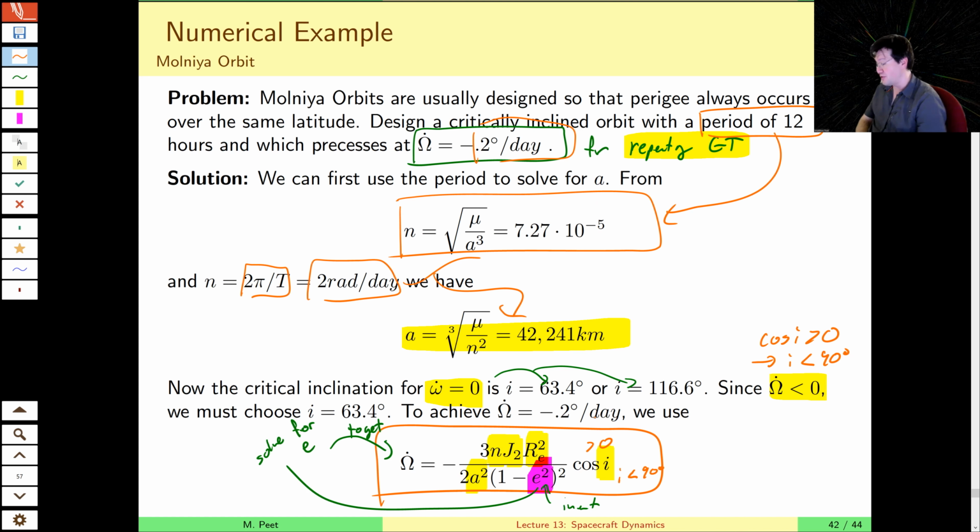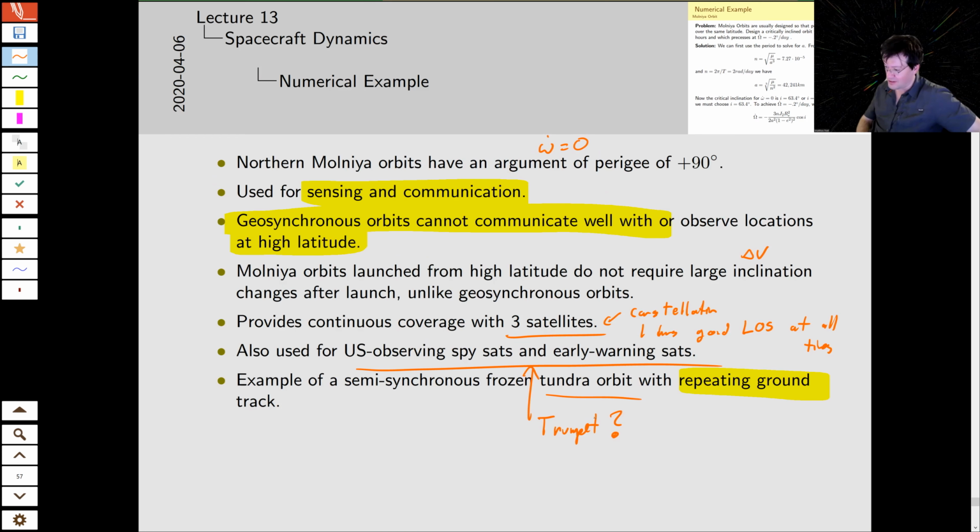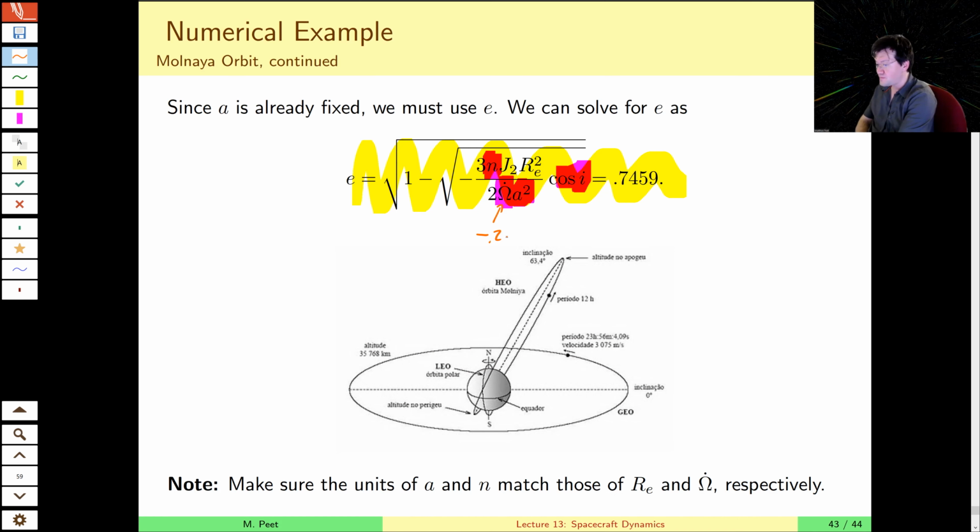Okay, don't forget to convert to radians, because obviously I didn't write it down. To convert to radians per second, right? And if we do all that, we get that the required eccentricity is 0.7459, which is actually like an extreme case of a Molniya orbit, but what you're going to do. Yes, so make sure that the units match those of omega dot. Yeah, radians per second.